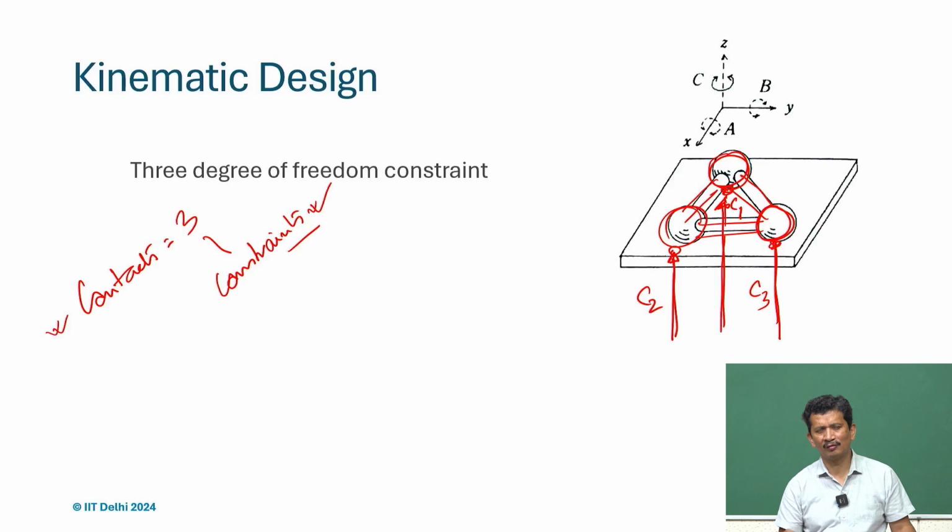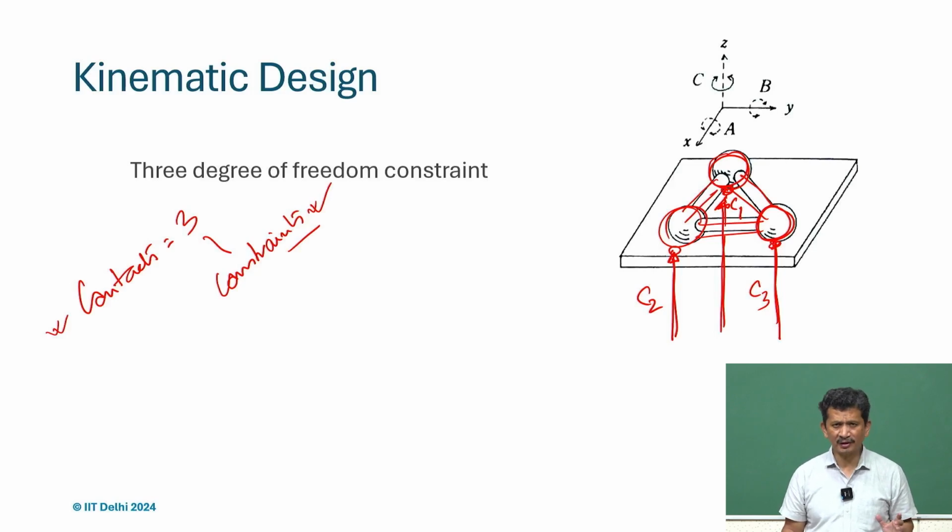So, for instance, here when I mention three parallel constraints on the same plane, or if the points of contact are along the same line, then we have a difficulty. So, we are not talking about those cases currently, and as we move on we will realize that those are the over constraint cases.